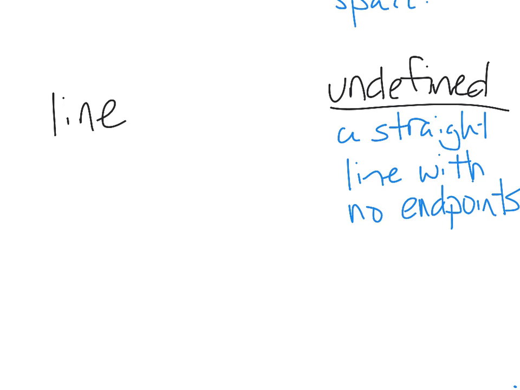So it goes on forever, to the left, to the right, up, down, however you want to arrange your line, but it goes on forever and it's straight. Those are the important parts of that.